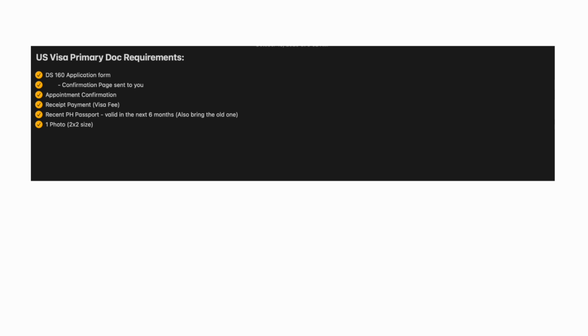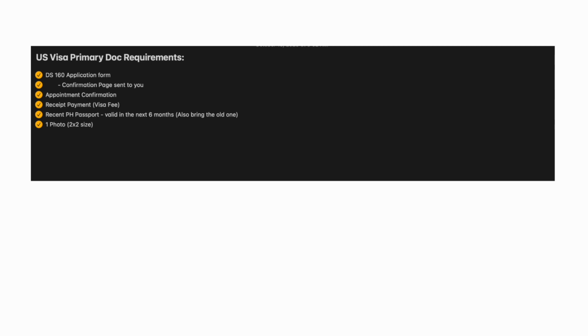You will be asked for these documents: your passport, your DS-160 confirmation page, as well as your appointment confirmation. They just need to confirm that you are really scheduled on that particular day and at what time, and to ensure that you really are there and attending your interview.